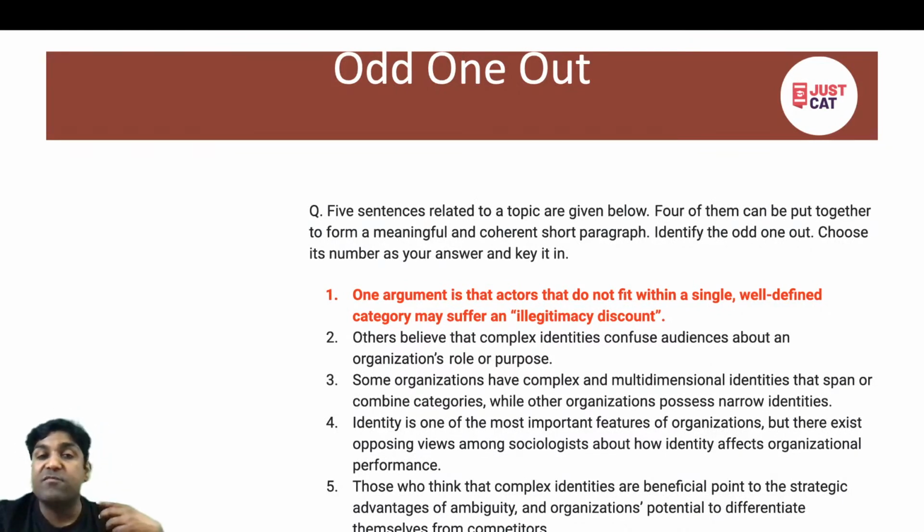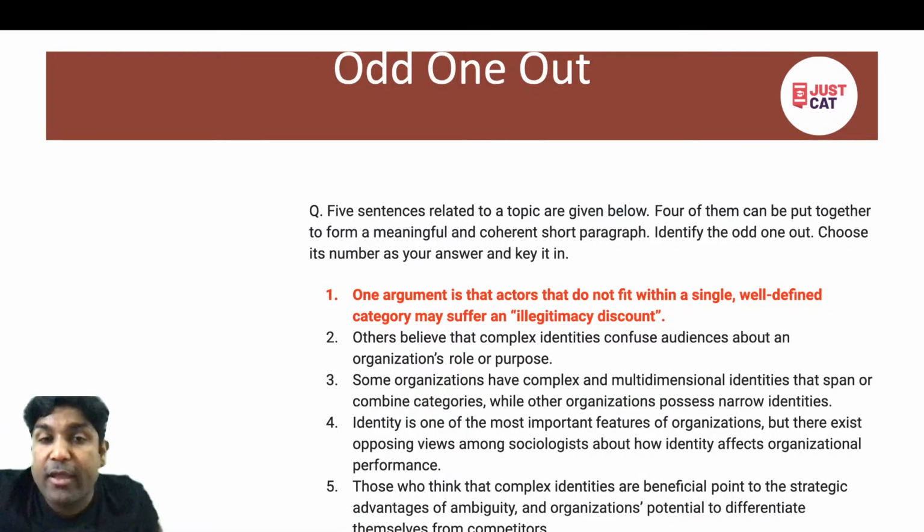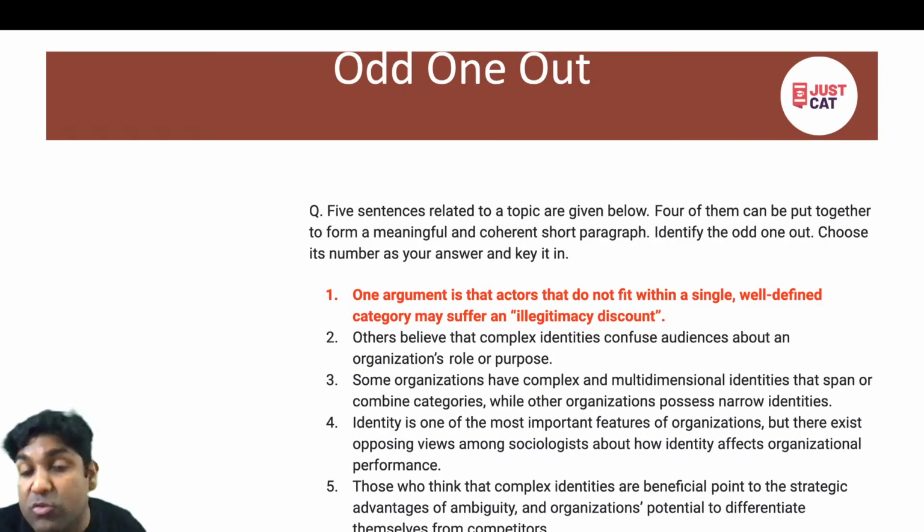Should we attempt to unjumble 2, 3, 4, 5? Okay. How many of you think that the first line will be the 4th one? The starting line will be the 4th one. Identity is one of the most important features of organizations. But there exist opposing views among sociologists about how identity affects organizational performance.